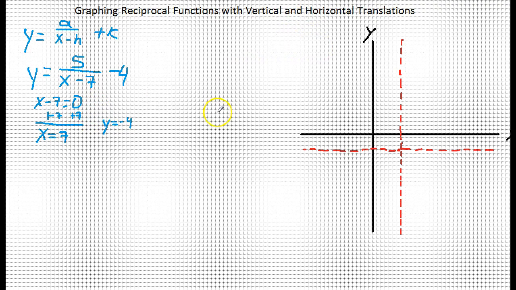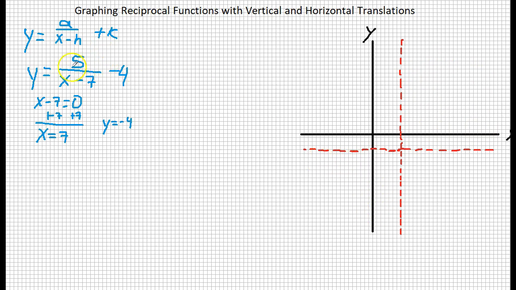What we're going to do is make a table. We're going to pick values for x, plug them in, and get answers for y. I want to pick some values close to these asymptotes, some positive and some negative. Since my value for a is positive 5, the graph is going to be in this quadrant and this quadrant.